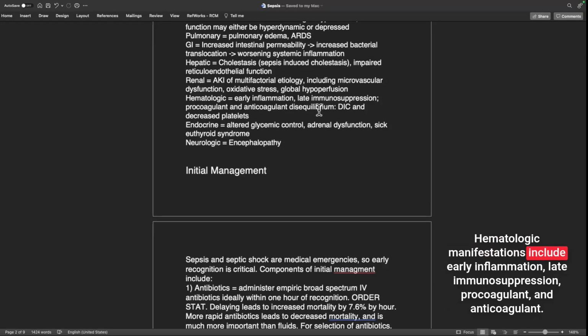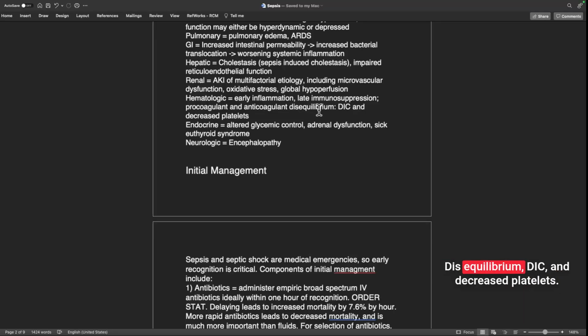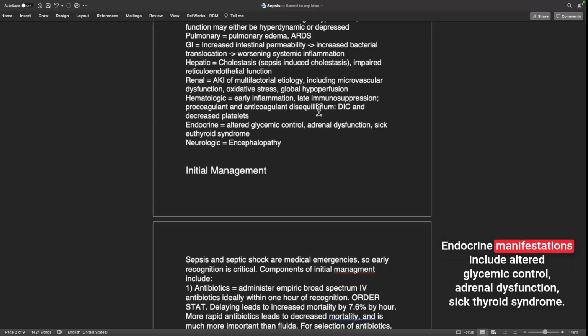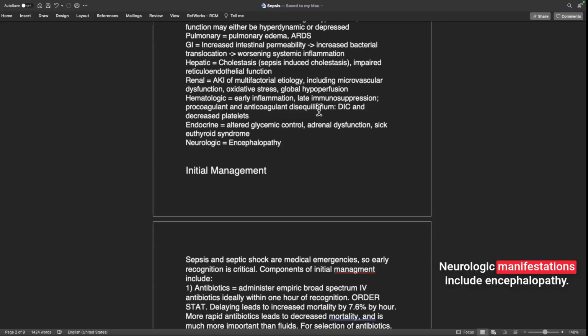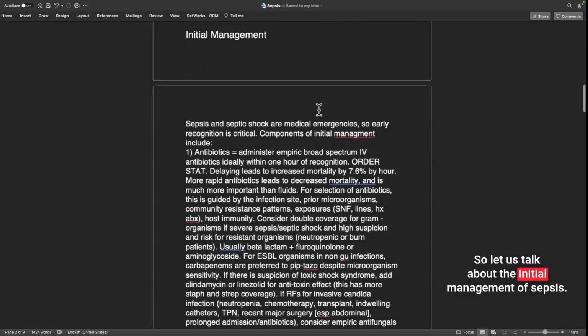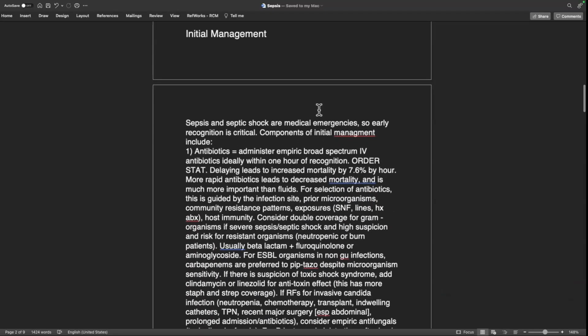Hematologic manifestations include early inflammation, late immunosuppression, procoagulant and anticoagulant disequilibrium, DIC, and decreased platelets. Endocrine manifestations include altered glycemic control, adrenal dysfunction, sick euthyroid syndrome. Neurologic manifestations include encephalopathy.